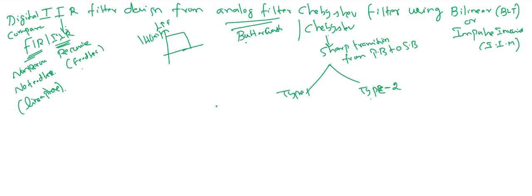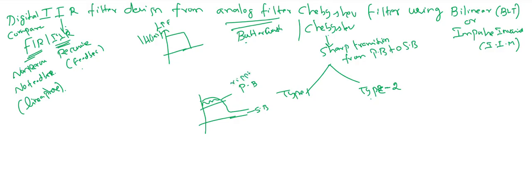If you see the characteristics of type 1, there will be ripples in the pass band and flat in the stop band.